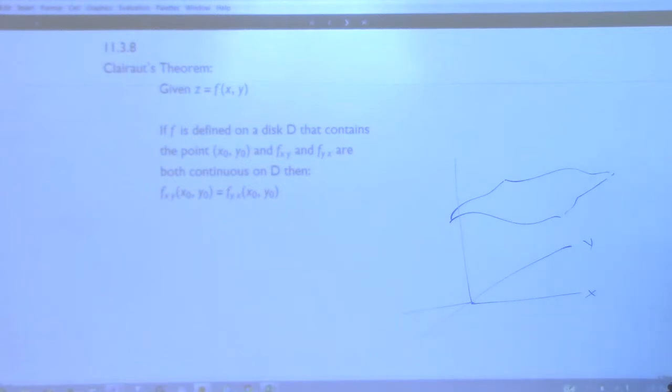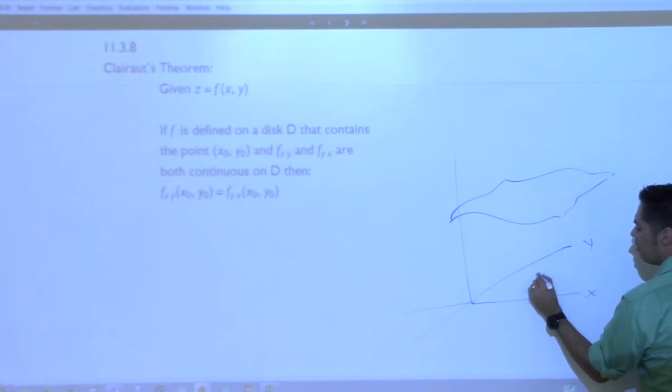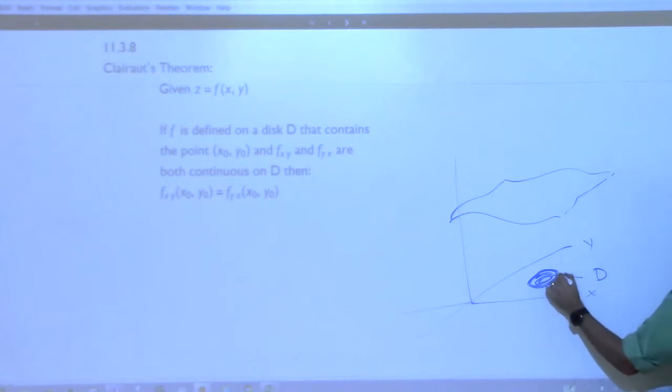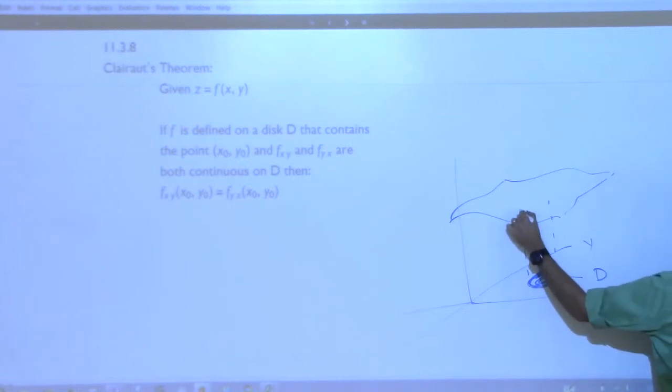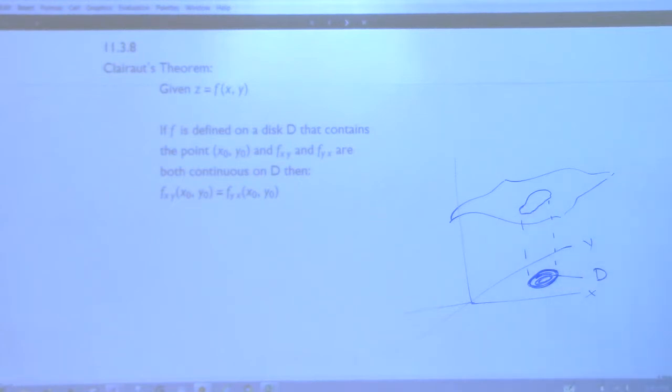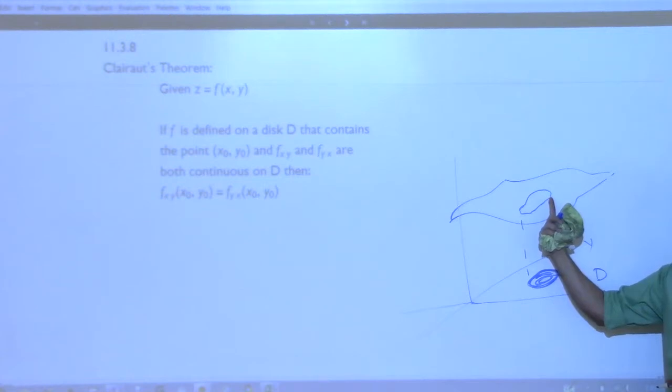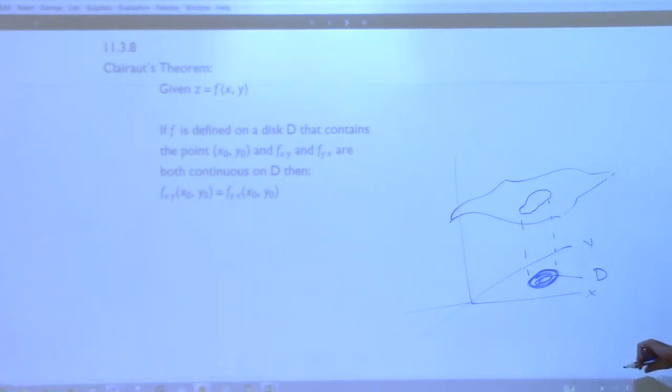Then it says, let's say you have a surface that's defined on a disk. So on the ground, imagine that there's this disk. Call that D. And all these points in the disk get mapped up to some weird shape up here, okay? If you take just the points in this disk and map them up into the surface, then you have some little patch on the surface.